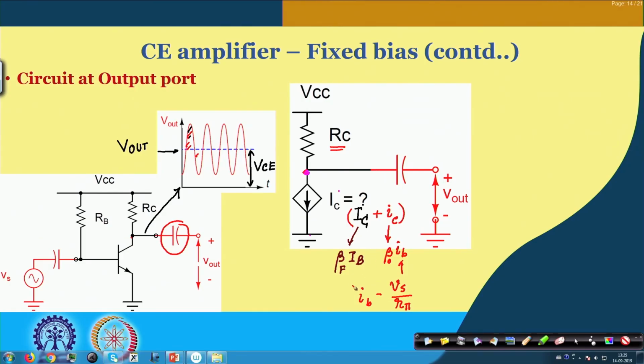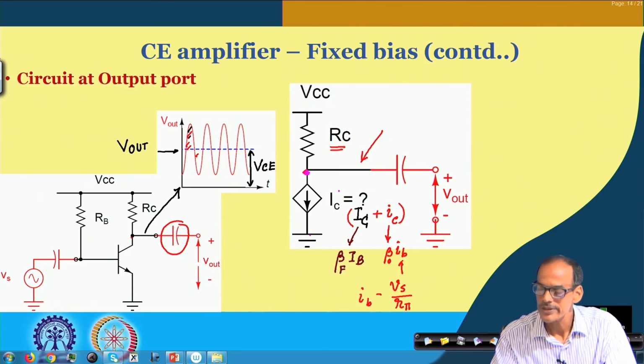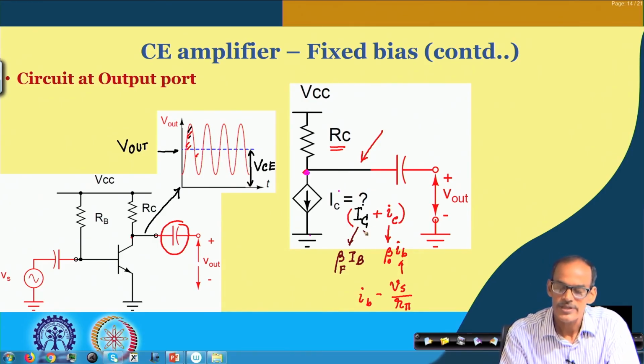Then, if I consider the voltage at this point, we have the DC part, which is generated by this DC current, RC and VCC.